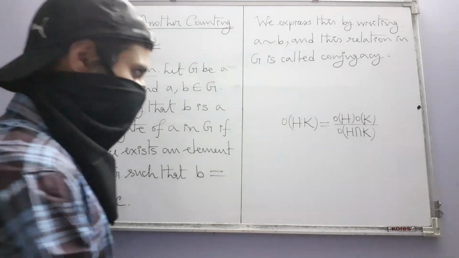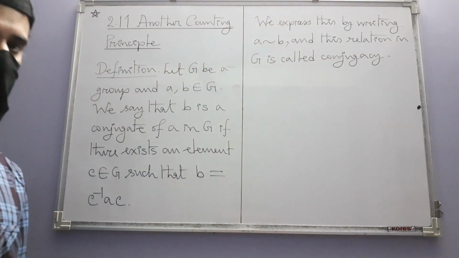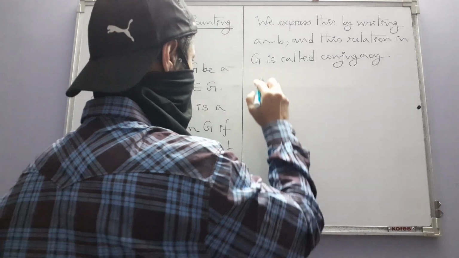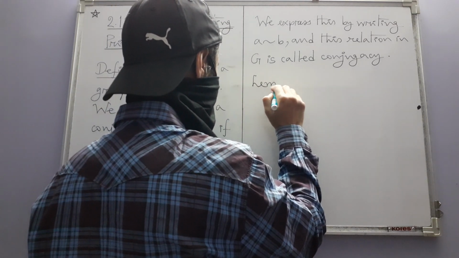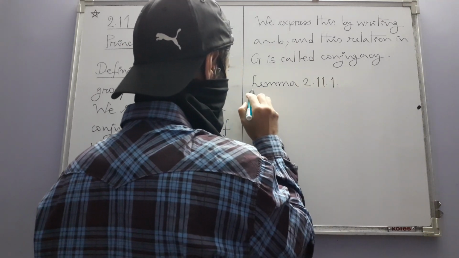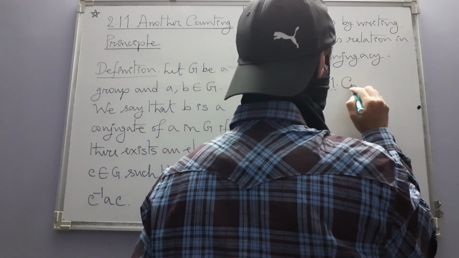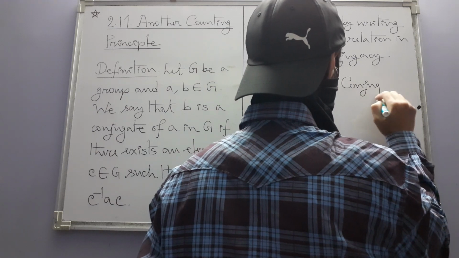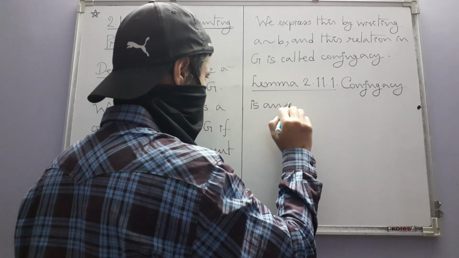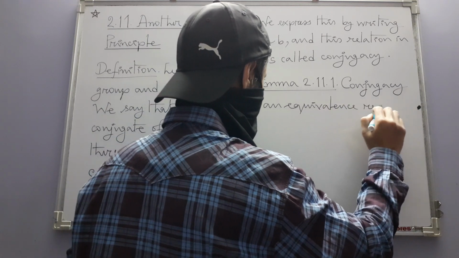Now it turns out that this relation is actually an equivalence relation, which is why it becomes important. So that is this lemma, the first lemma, the first result of this section. And the statement is just this: conjugacy is an equivalence relation.